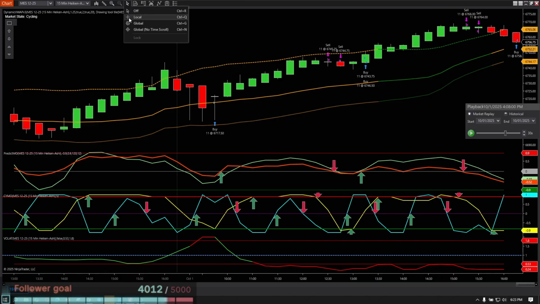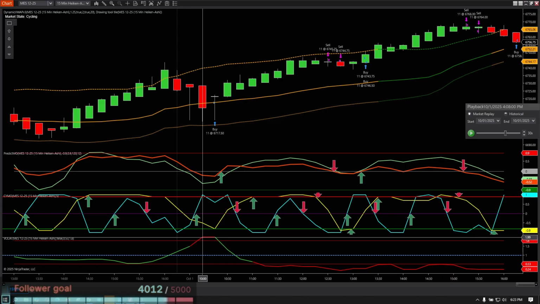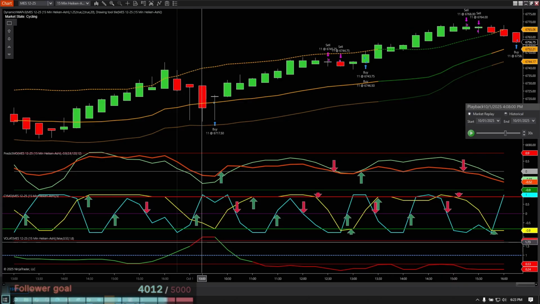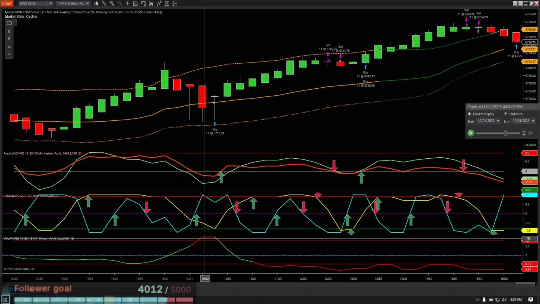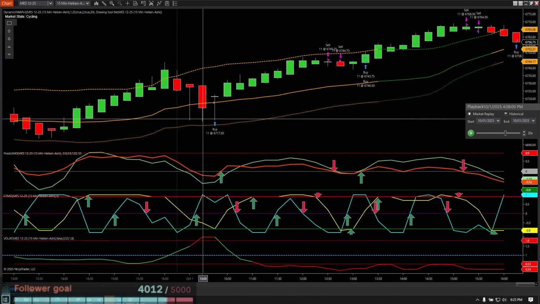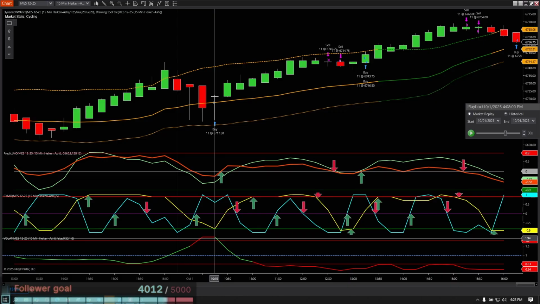But the moment that it rises above 1.8, this is telling you that volatility is almost 2 times normal volatility right here. Price tends to turn when this happens, okay? This is monitoring right here that volatility just got high in this little pullback, guys. And normally when that happens, price tends to turn, okay?